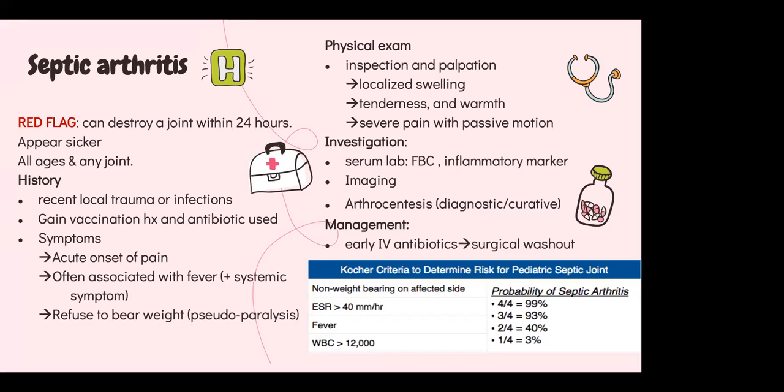Symptoms: is the pain of acute onset, or is it associated with fever and other systemic symptoms? Is there pseudoparalysis, where the child refuses to bear weight due to extreme pain? And physical examination, you might want to inspect and palpate. Make sure you give analgesic if needed.